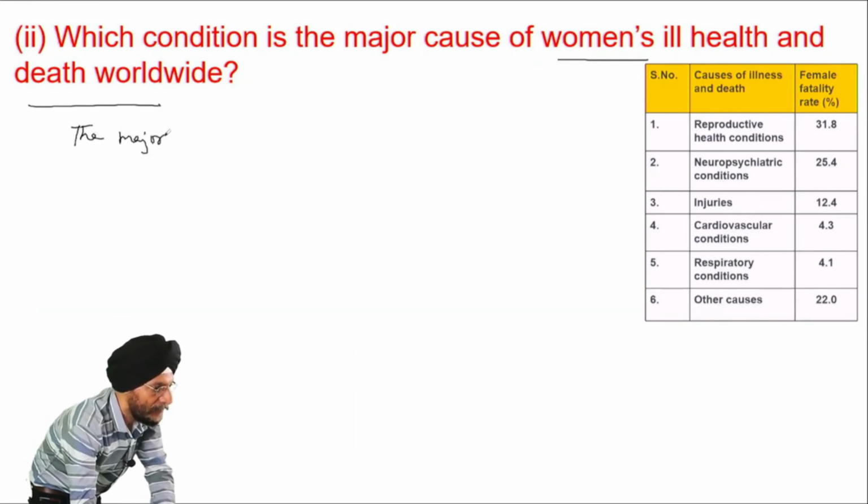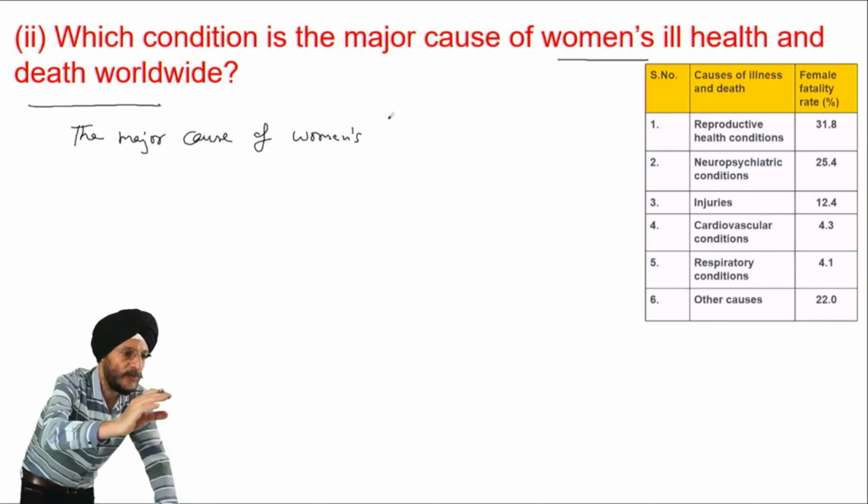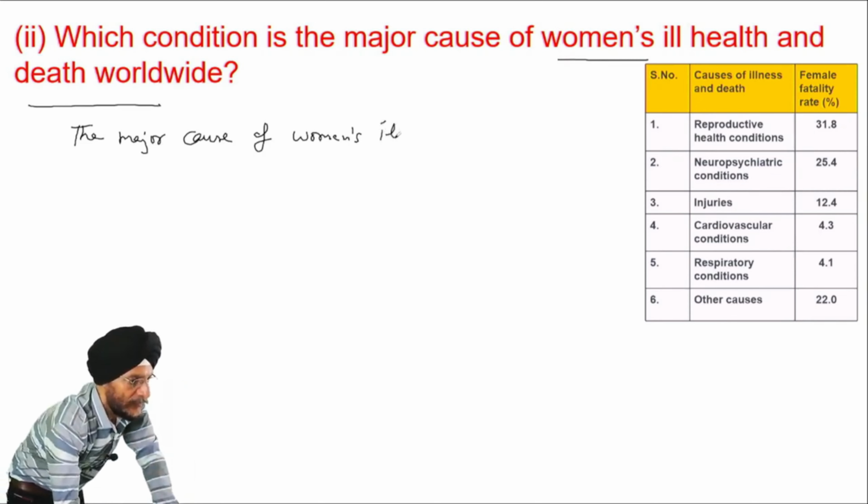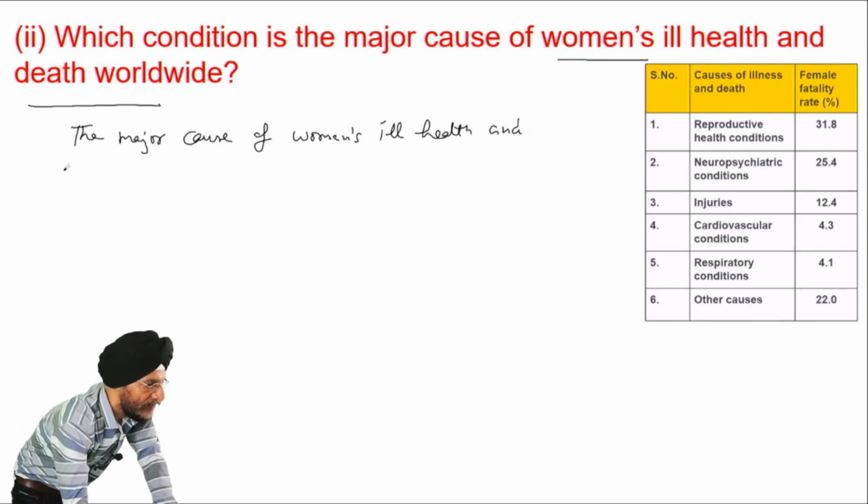The major cause of ill health and death worldwide is reproductive health conditions. Whatever is written in the question, we have to take the answer from that.